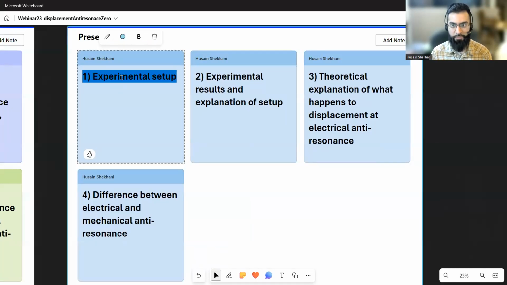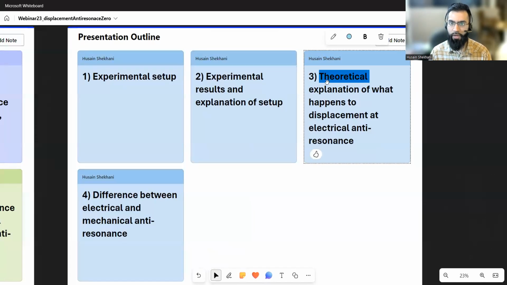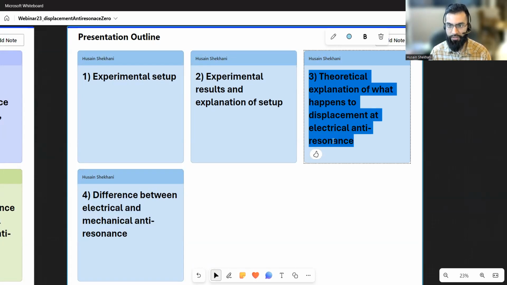First, I'm going to go over the experimental setup that I use. I use a vibrometer, and a USB function generator and oscilloscope called the Analog Discovery, and a couple of other components to make it all work. I actually measure the vibration using a laser vibrometer. I'll explain the experimental results, and then I'll describe theoretically why the effect that we saw in the experiments actually happens on displacement at electrical anti-resonance.